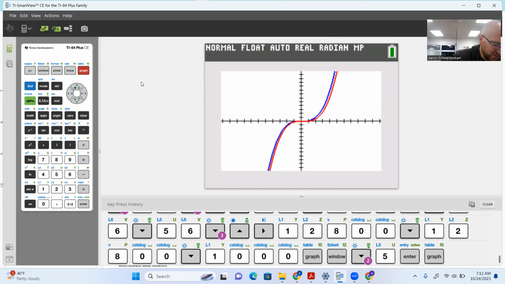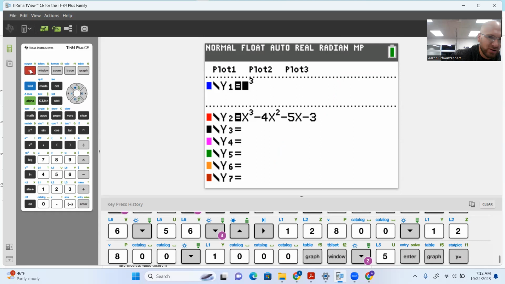My end behavior for both of them, f of x and g of x, is negative infinity as x approaches negative infinity, and positive infinity as it approaches positive infinity. Okay? We're going to talk about a couple more.